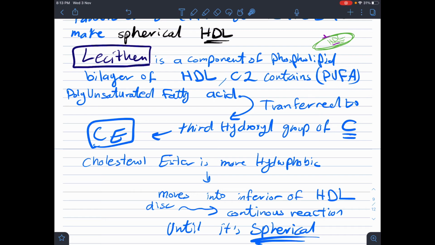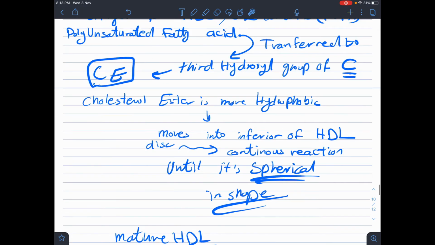This is transferred to the third hydroxyl group of the cholesterol, and when this reaction happens, caused by the LCAT enzyme, it forms a cholesterol ester. It esterifies the cholesterol inside the HDL. So now the cholesterol ester is more hydrophobic.